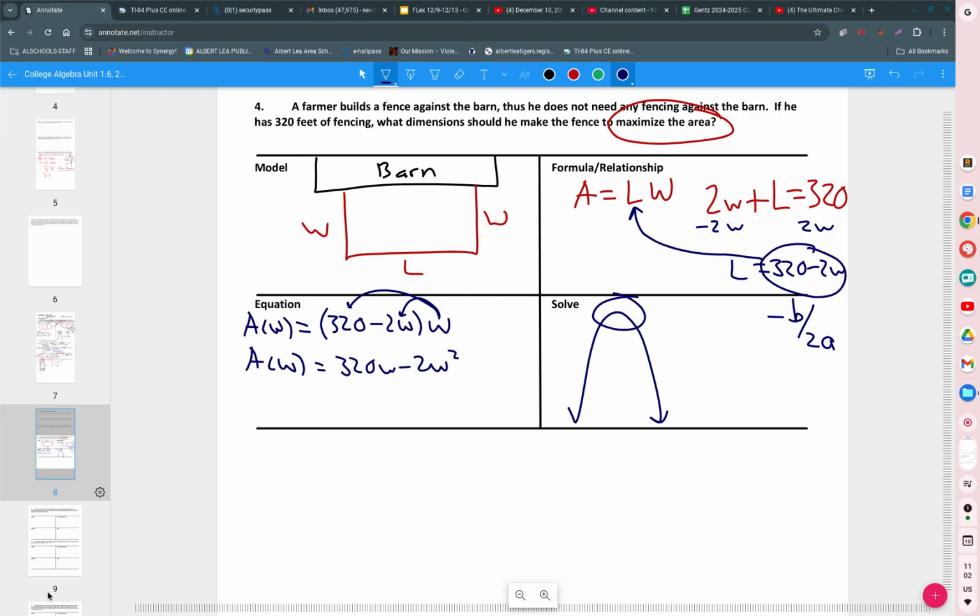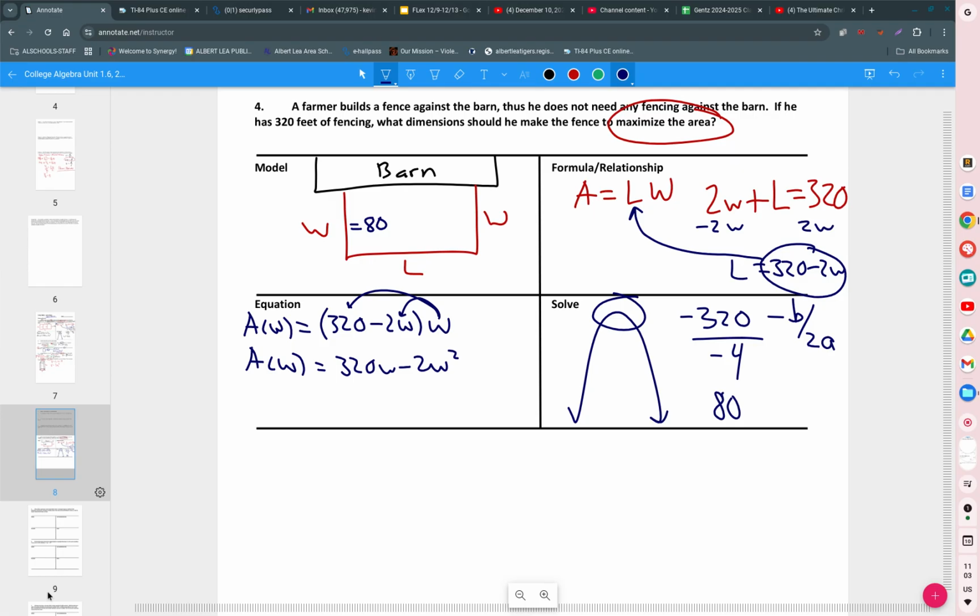Sweet. Problem's easy now. Negative b would be negative 320, divided by twice the a value, that'll be a negative 4. And I get out of that 80. And you can see in this problem that we've chosen 80 to represent the width. How do we get the length?